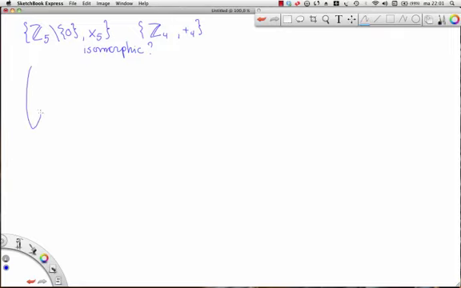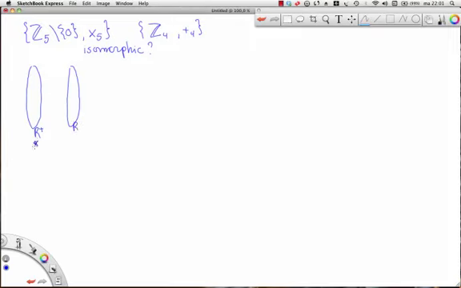I'll take my example. I mentioned I had the positive real numbers, and the other set was the set of real numbers.